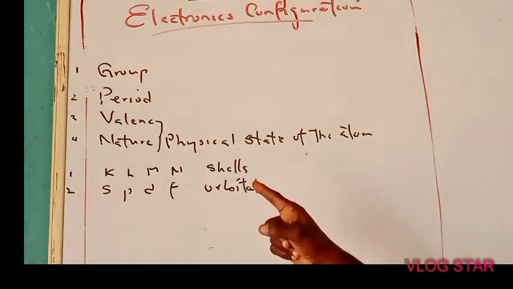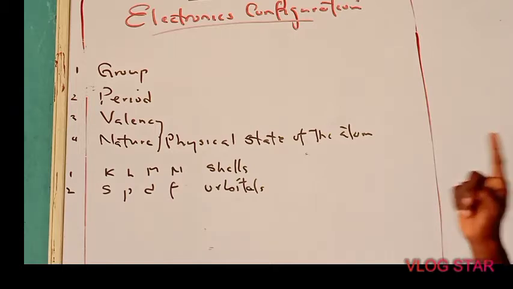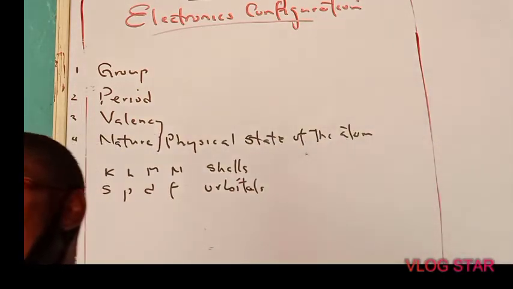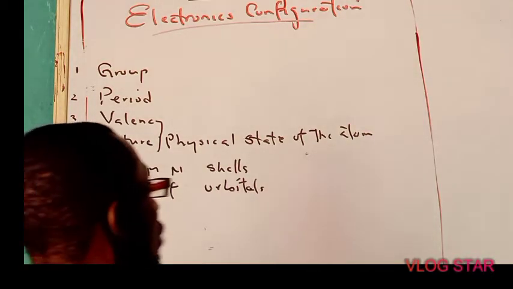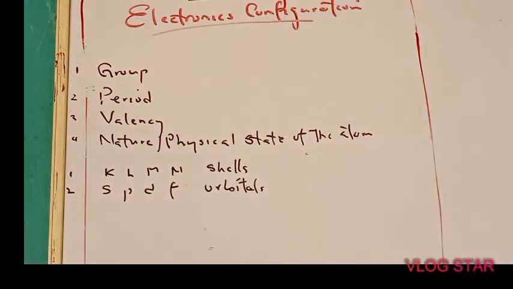Note that the K shell is number one. That is the first shell and the closest shell to the nucleus of an atom, and it can take a maximum of 2 electrons.